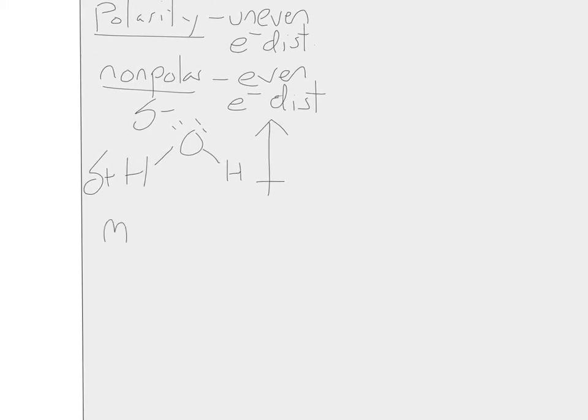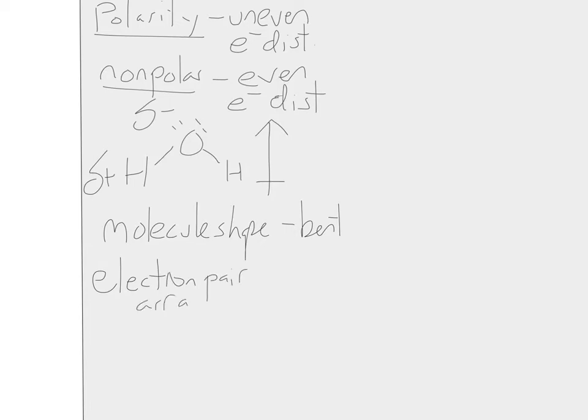The molecular shape for water is bent because it has 2 bonds, but it has 4 total domains. So our electron shape or electron geometry, electron pair arrangement, there's lots of different names for these, that is tetrahedral.